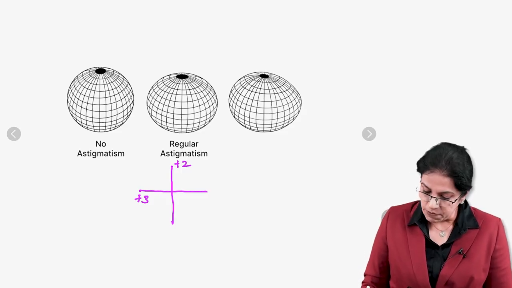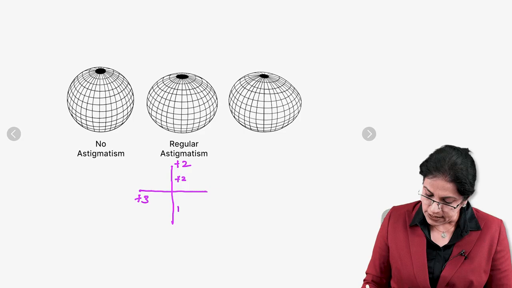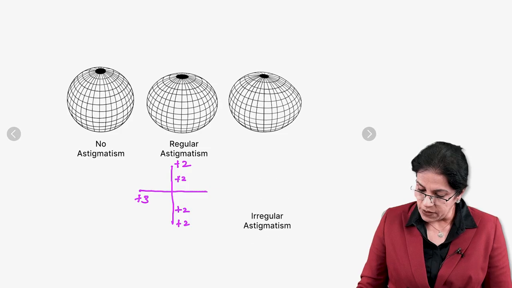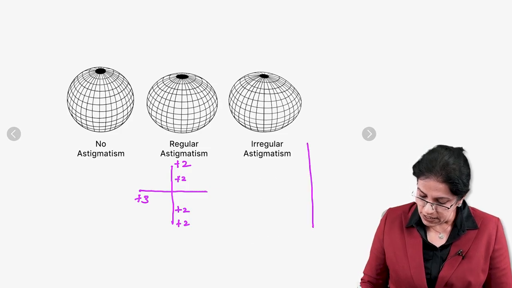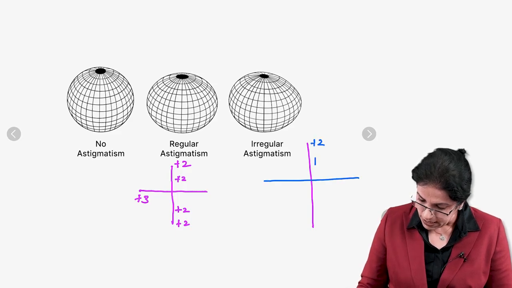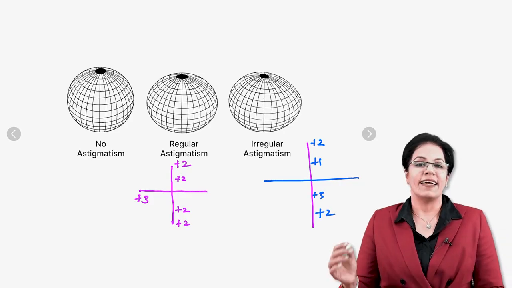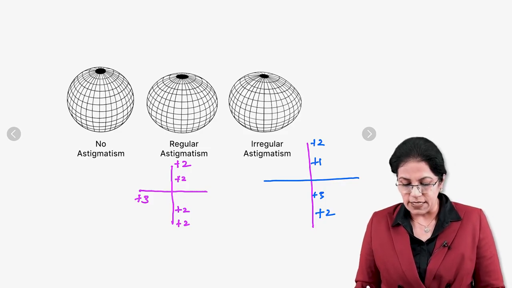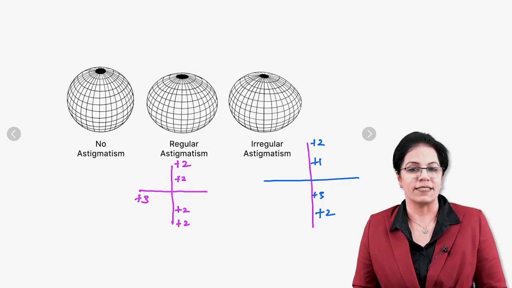When I say plus 2, it means everywhere, the whole axis, it is plus 2. This is your regular. But what is irregular astigmatism? Even in a single axis, the number is varying. Got it? So this is regular and irregular astigmatism.